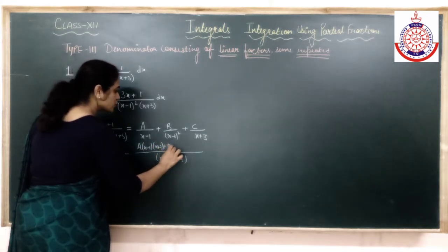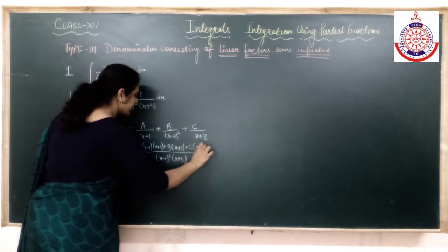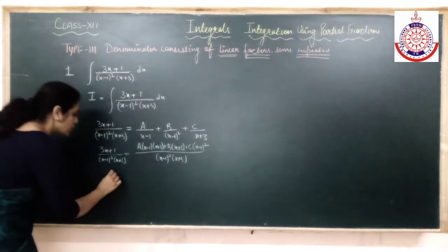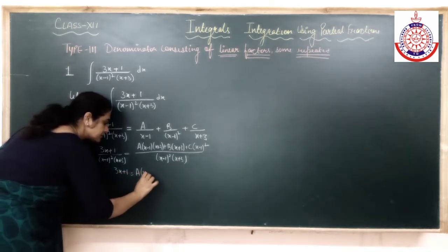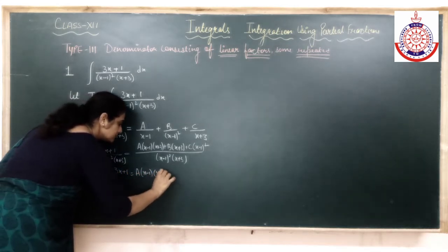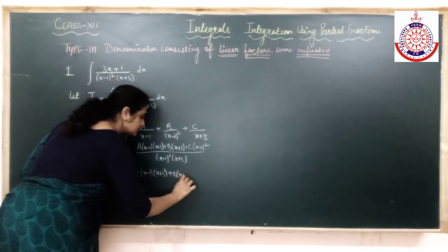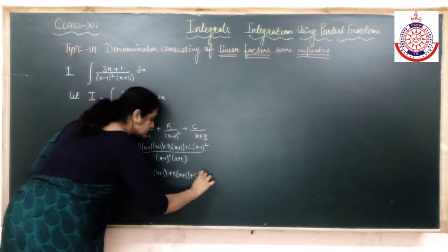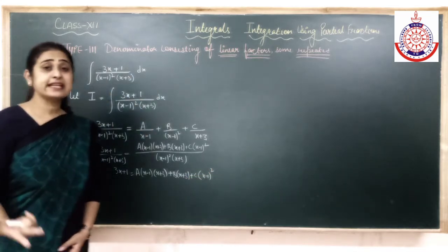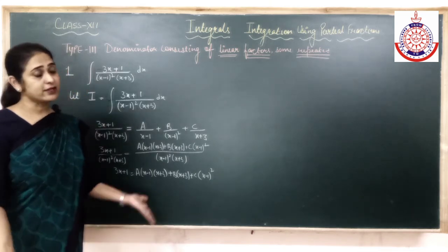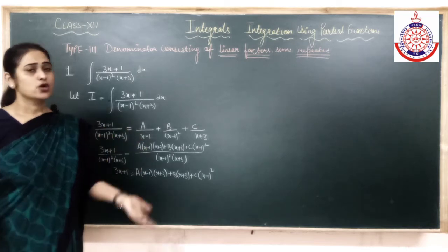B into X plus 3, C into X minus 1 whole square, the denominator got cancelled. Now what do we do? It's very clear, we have already done this. We need to find the values of A, B, C by substituting some values of X or by comparing the coefficients.